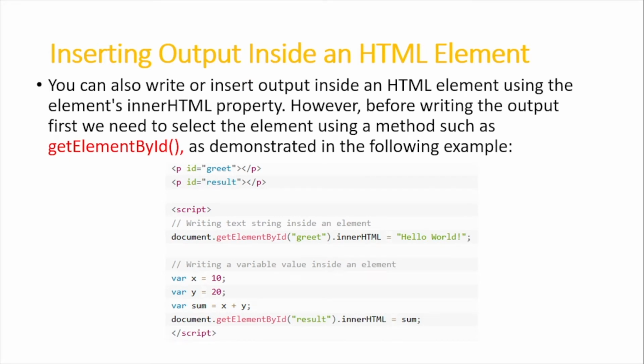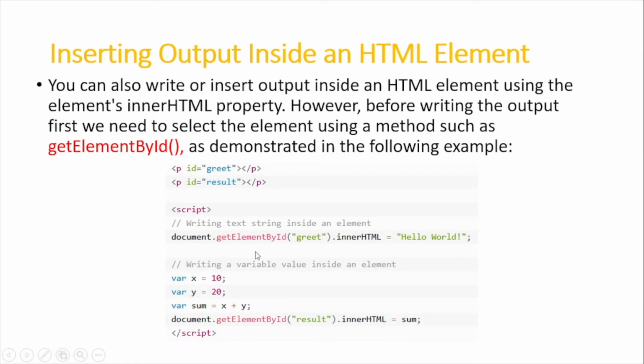We can also use getElementById. This is a DOM method, so we use it by writing document.getElementById, and we pass the ID of an element in which we want to show some data. Then we access the .innerHTML property, and we assign some value to it. Then inside the result element having this ID, we'll be seeing our data.